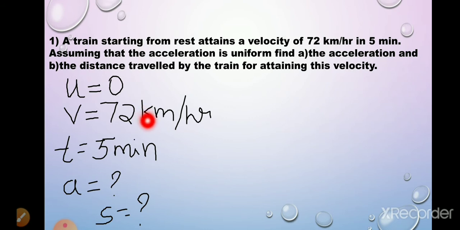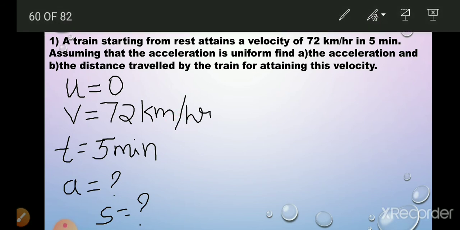We know that 1 kilometer is equal to 1000 meter and 1 hour is equal to 3600 seconds. So you have to multiply 72 by 1000 divided by 3600.